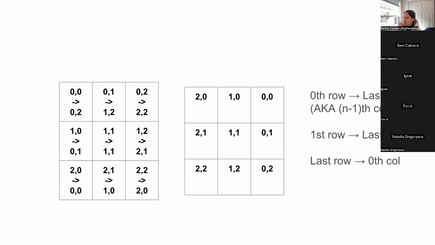So here, we are rotating through this matrix. If we're given I and J, and in this case I is 0, that's the row that we're looking at. What does this row become?